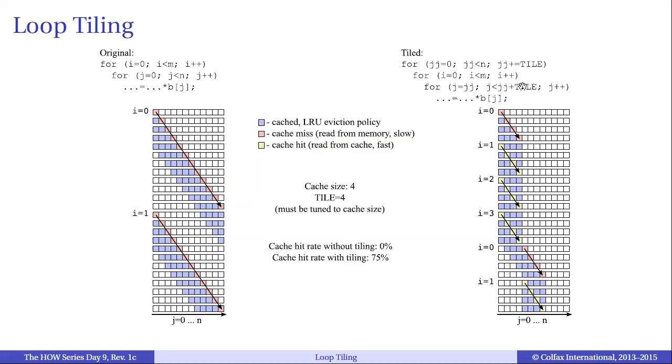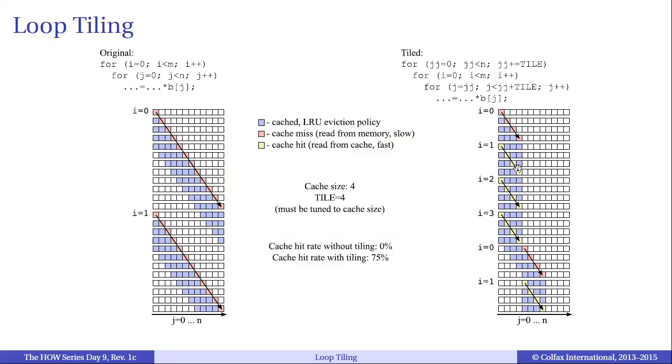So the innermost loop has a length of exactly 4. So when I read the first 4 elements of vector b, they're all memory accesses. They're all cache misses. But when I'm done with this loop, I increment i, and I jump to j equals 0. All of these elements are now cached because I have not exceeded my cache capacity.